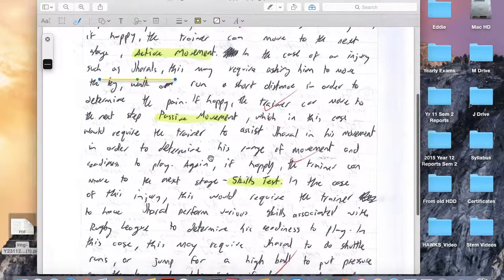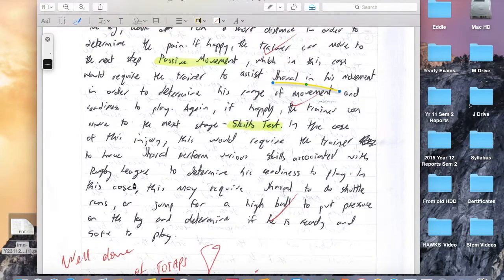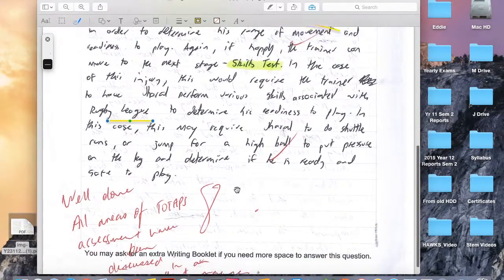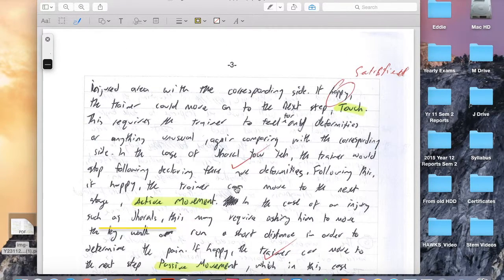Jarrell is referred to, and again in the passive movement. They've gone through a skills test specific to rugby league. So again, a deep understanding of each stage in a systematically produced answer. So that's what we're looking for. Do you get into a band at the top bracket for a 7 or 8 in this particular question?